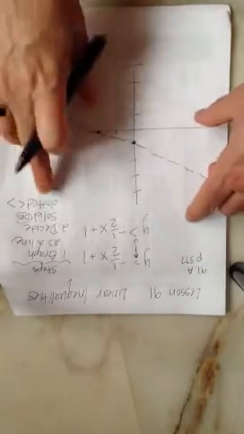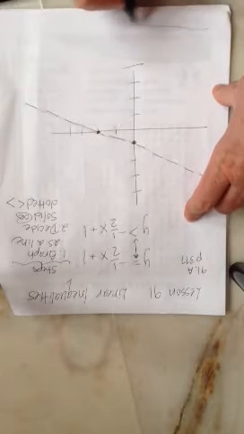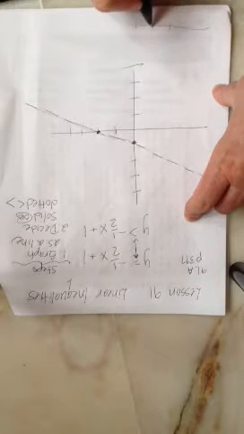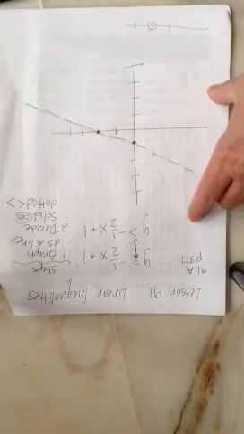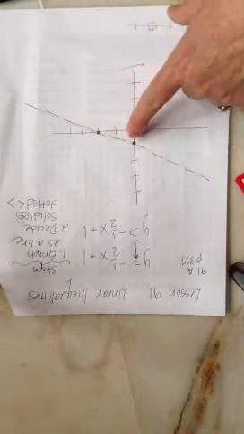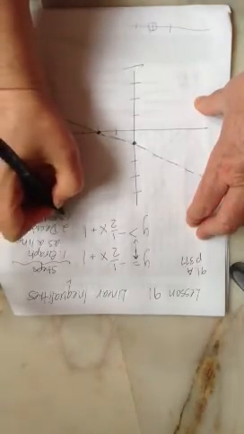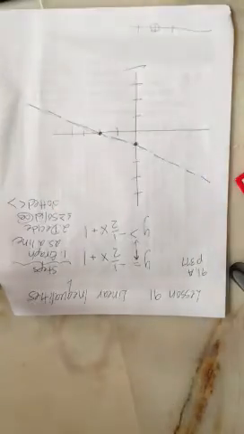We use a dotted line just as when we're doing a number line and we don't want to include the actual point, we put a circle around it. Same strategy here. When we don't want to include the actual line, we use a dotted line. If it's a solid line, that indicates that the equal sign is part of the inequality.